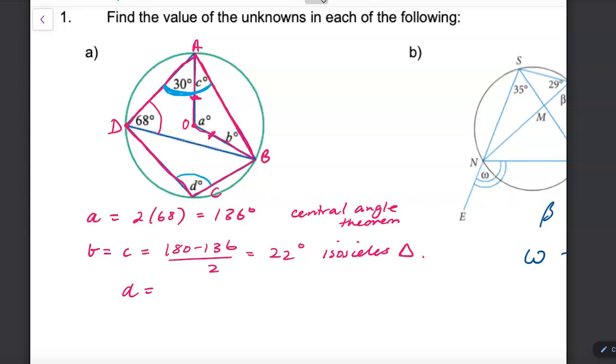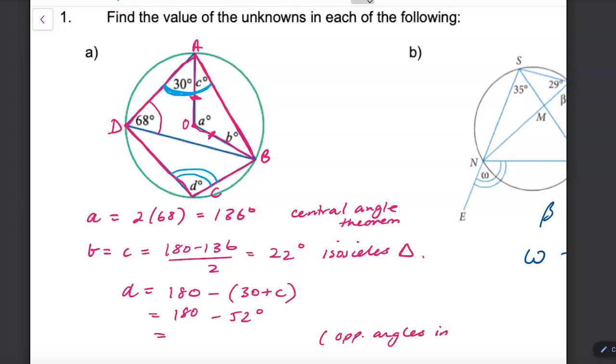And D is directly opposite that, and I know that opposite angles in a cyclic quadrilateral are supplementary. So if I take 52 degrees away from 180, that's going to tell me the value of D. Using the opposite angles in a cyclic quadrilateral, I can say that D will be 128 degrees.